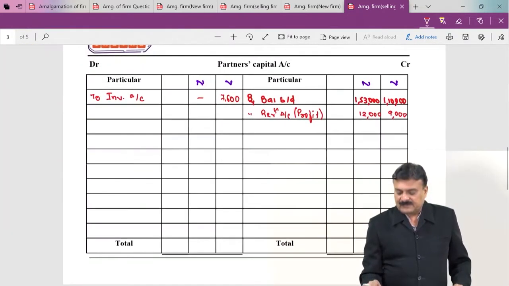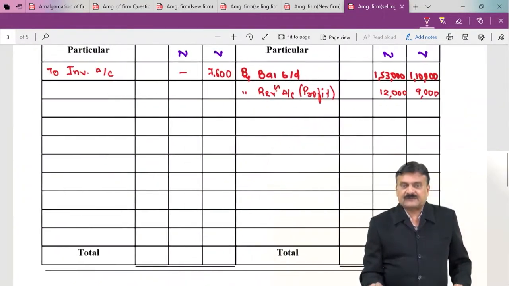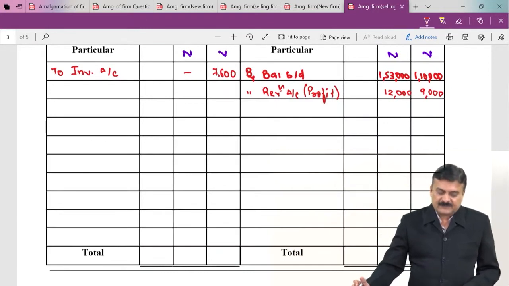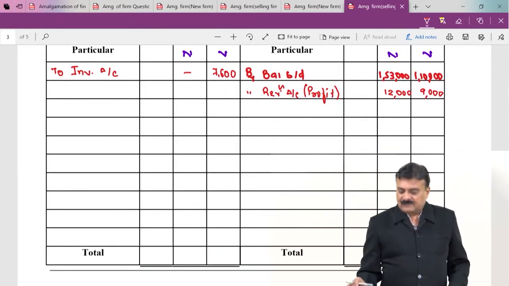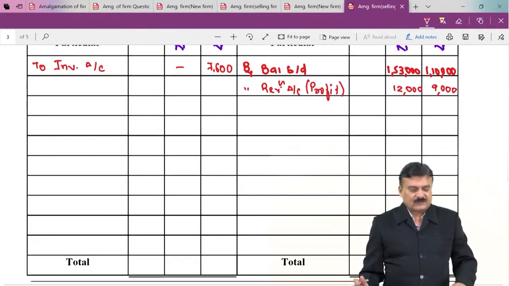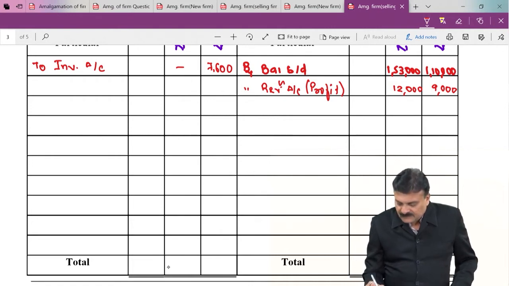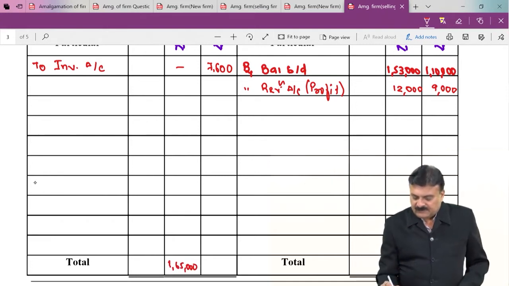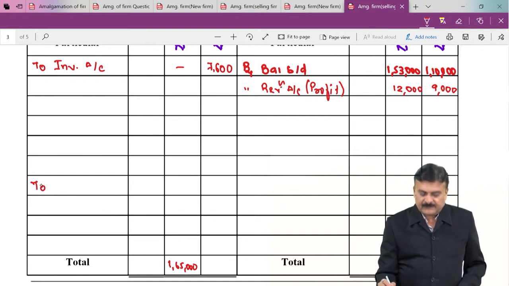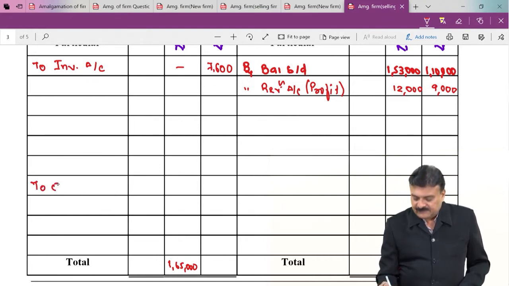So balance of partners capital, credit side is heavier for the first partner, 1,53,000 and 12,000. Okay, that will be my total 1,65,000. Debit total 1,65,000. This capital will be transferred to new firm. What is the name of the new firm? To Eastern West Company.